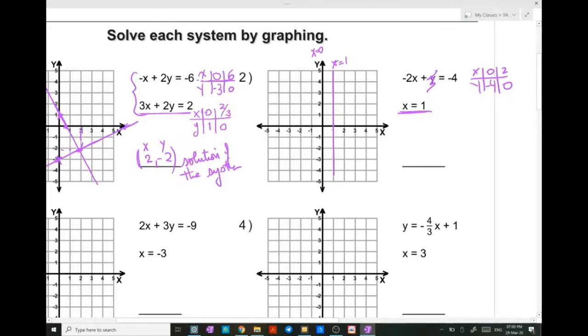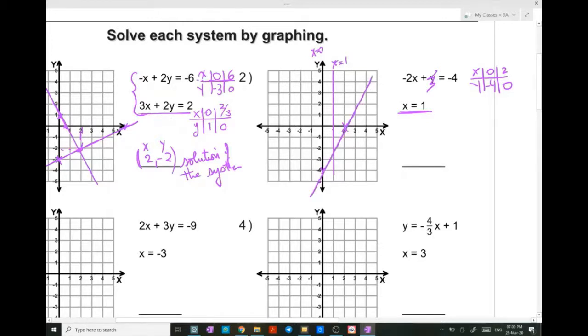So x is equal to minus 4 over minus 2, which is equal to 2. So representing this, the 2 is for the x and the minus 4 is for the y. And then we join these 2 points and we get a line.